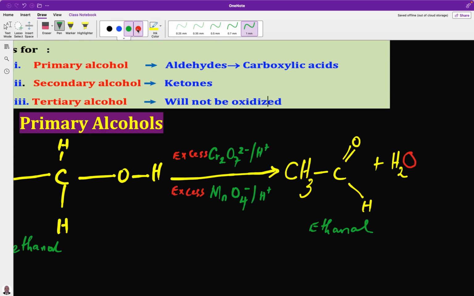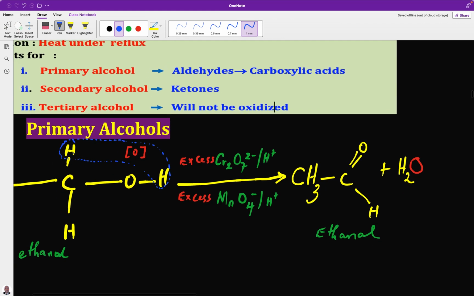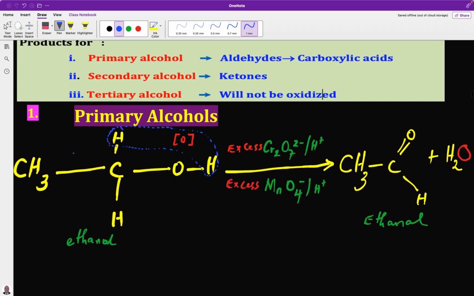Here, there is oxidation. You see, as I've just illustrated, this is a molecule of ethanol in excess.